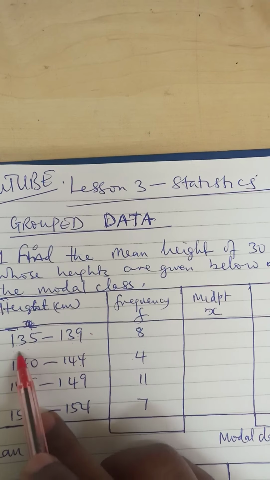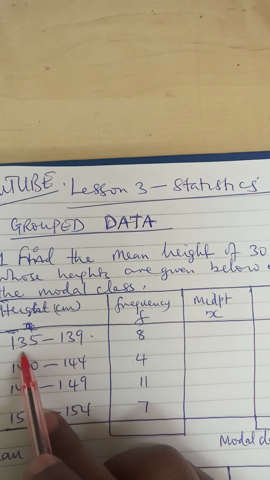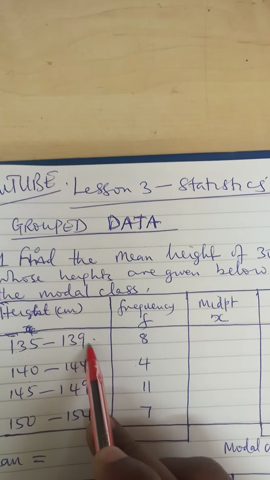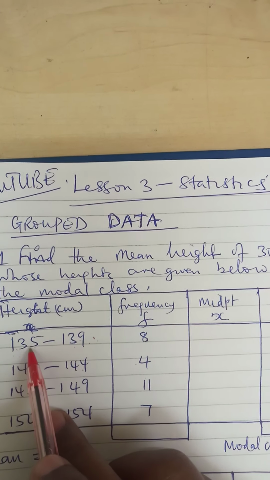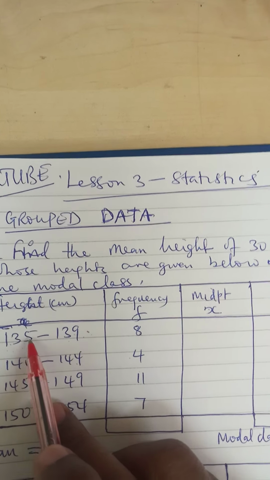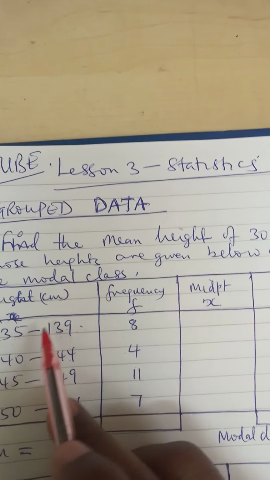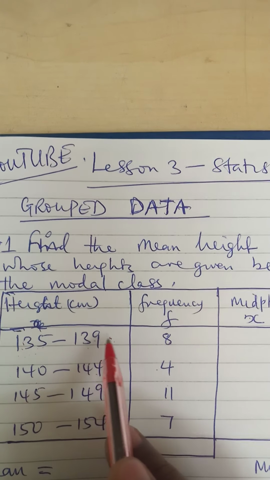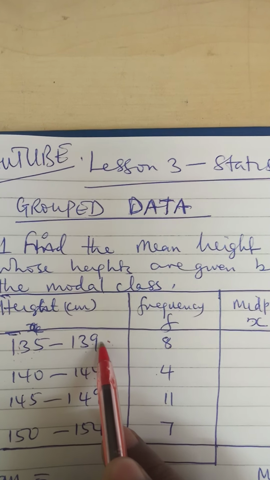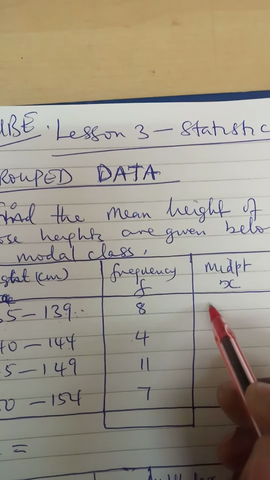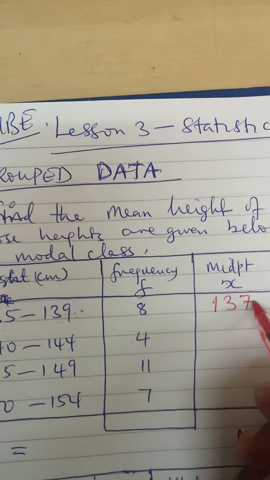We have the lower class limit and the upper class limit. The upper class limit would add a 0.5. The lower class limit would take away a 0.5. The midpoint is obtained by getting the average of 135 plus 139 divided by 2, and this midpoint would give us 137.